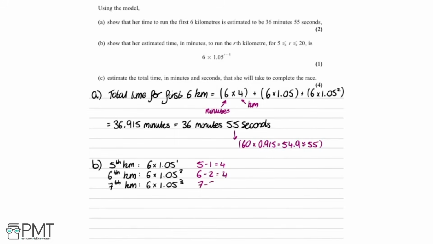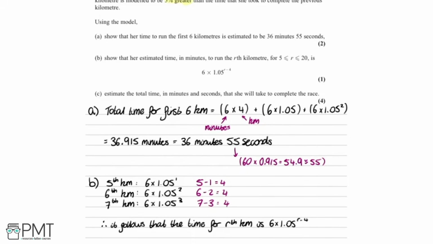And the 7th kilometre, we take away the power, and we get 4 as well. So we've basically shown it there. Therefore, it follows that the time taken for the rth kilometre is 6 times 1.05 to the power of r minus 4. And lastly, we're going to take a look at part C here. So we need to estimate the total time in minutes and seconds that she will take to complete the race.